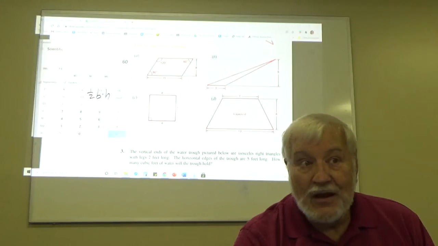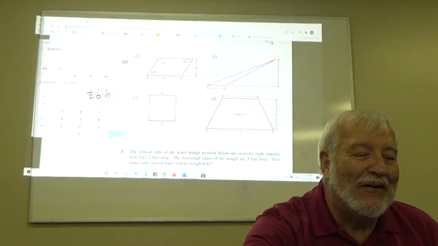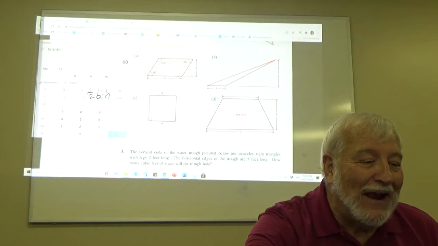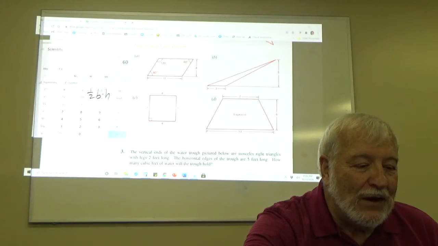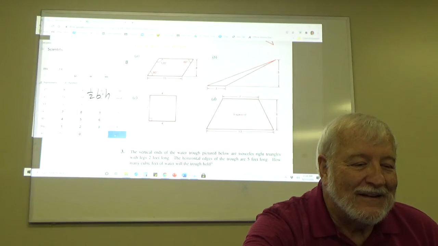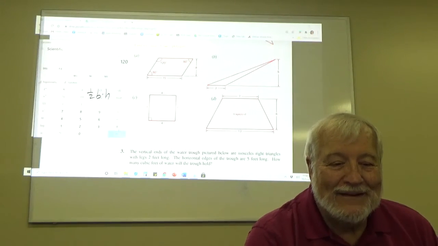But it's not a triangle. Oh, then what am I supposed to use? Base times height. Oh, okay, all right, just checking. Agree. So therefore, it's supposed to be 15 times 8. Okay, 120. Sure. Okay, all right, now do B.